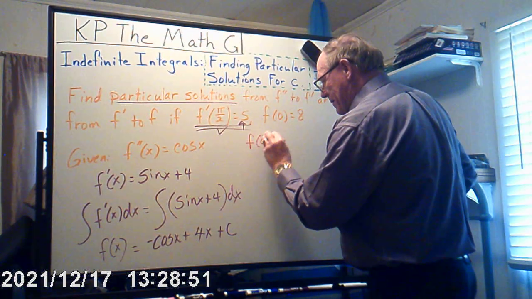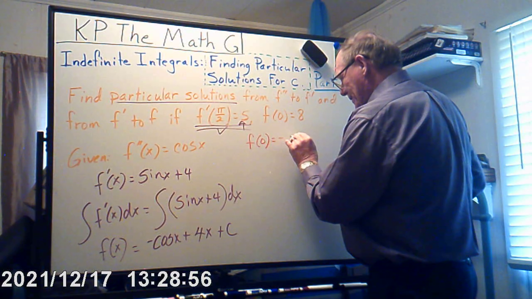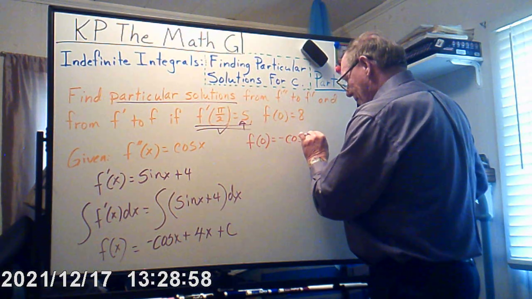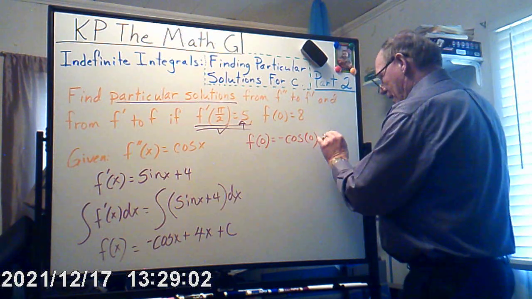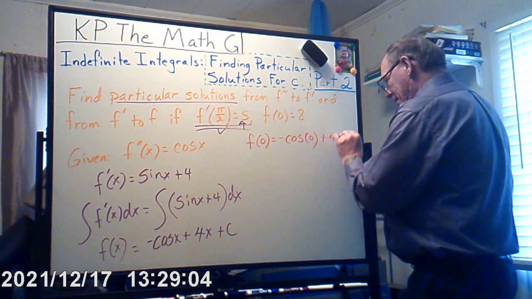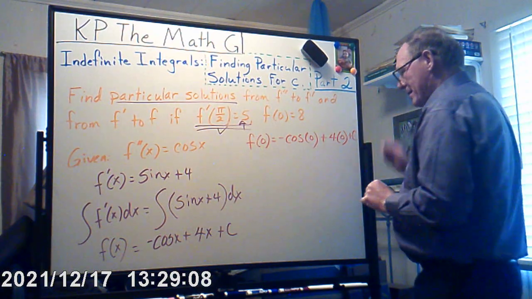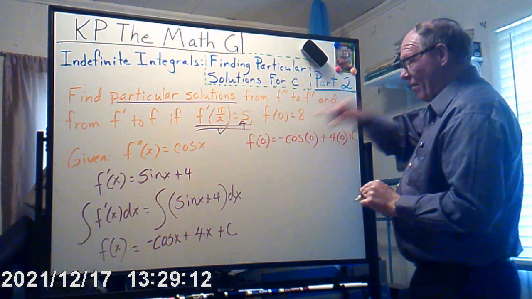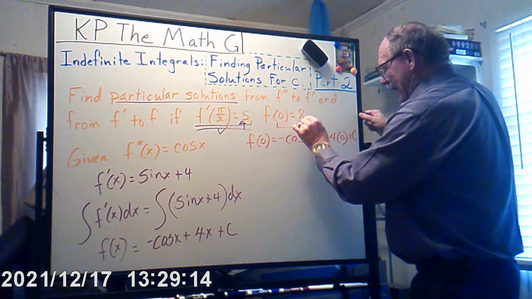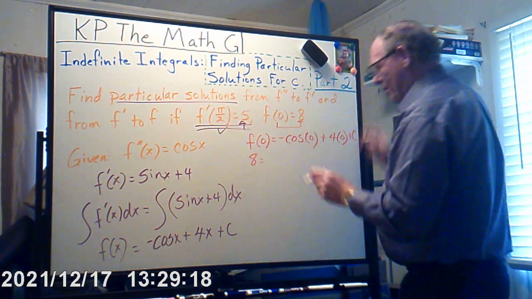F at 0 is equal to negative cosine of 0 plus 4 times 0 plus c. Oh, we squeezed it in, didn't we? Well, f at 0 is said to be 8. So 8.